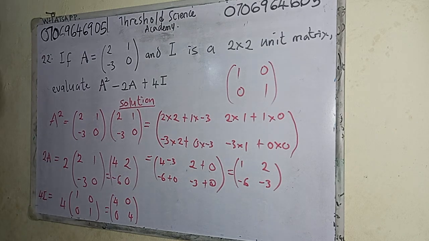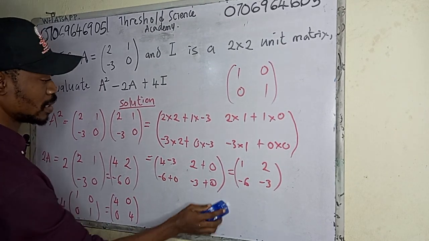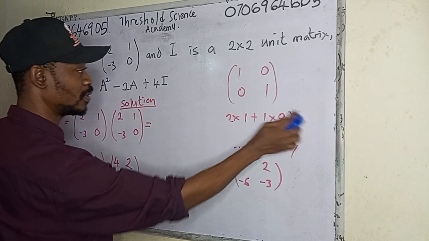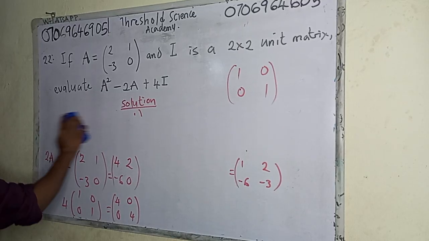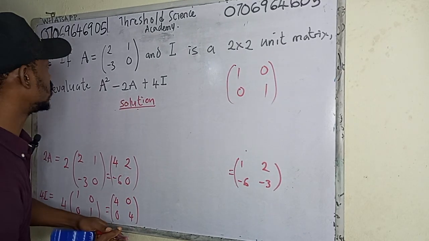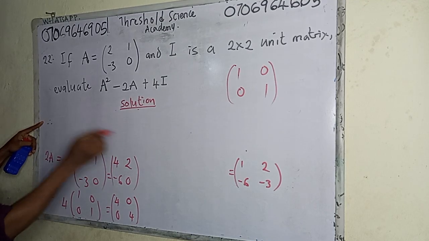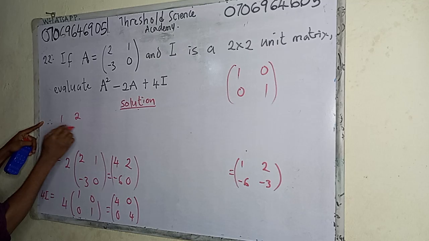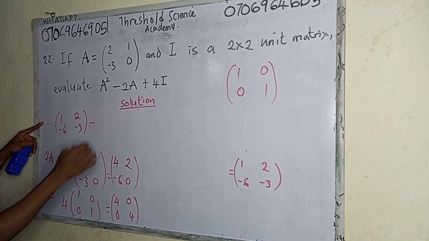So this is my A squared. I'm going to be cleaning this up, because I've gotten the answer. Therefore, the expression becomes 1, 2, minus 6, minus 3. That's A squared. Then minus 2A.